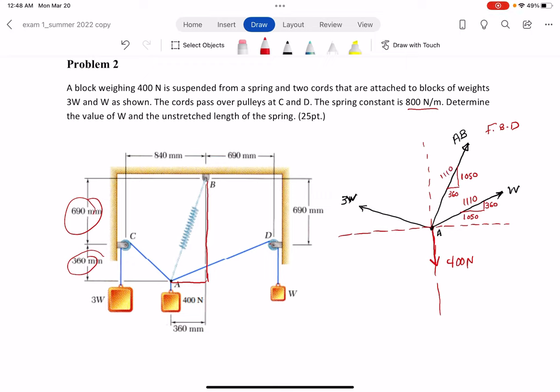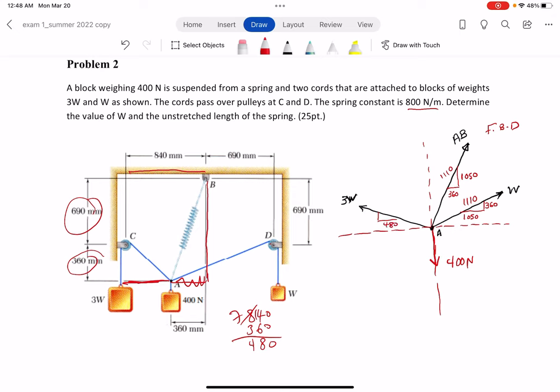And for the 3W cable, you know it is 840 from here to here, so 840 minus 360 is 480, and that is this side.